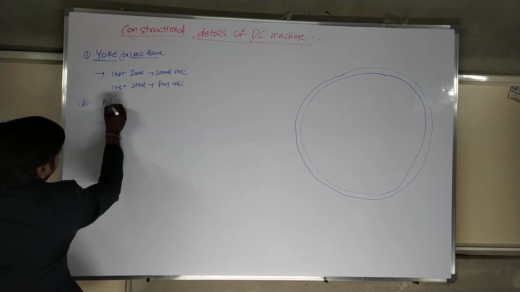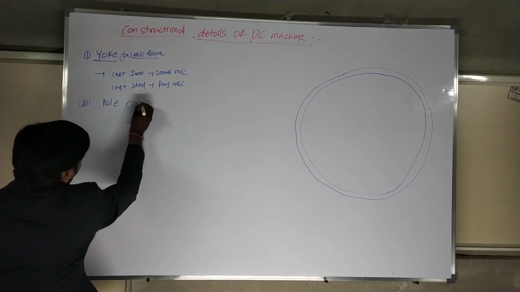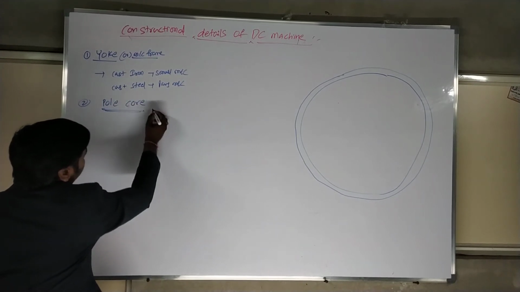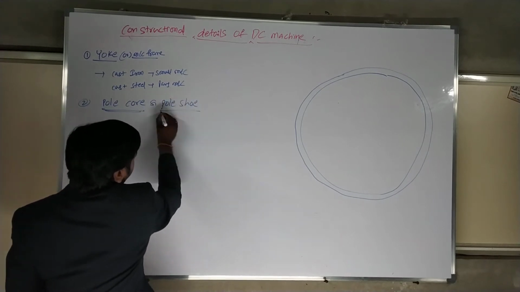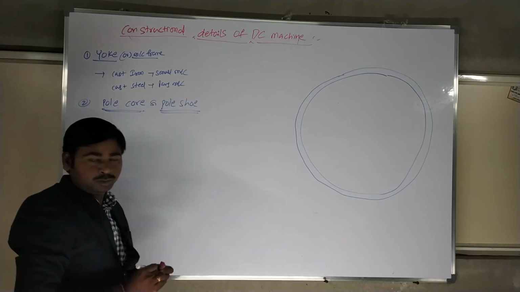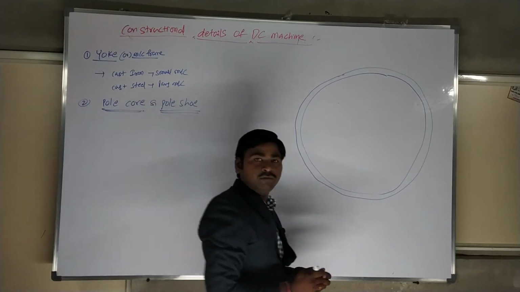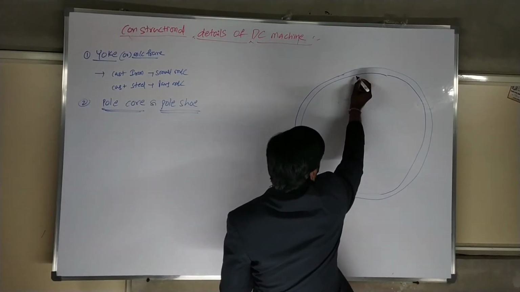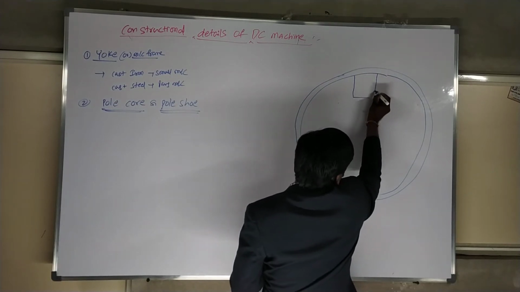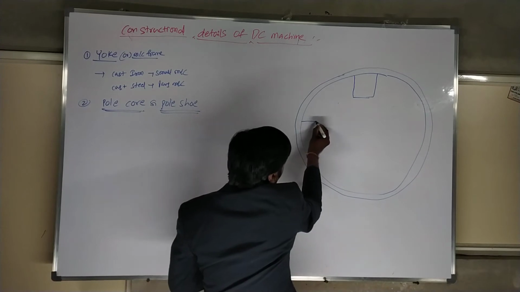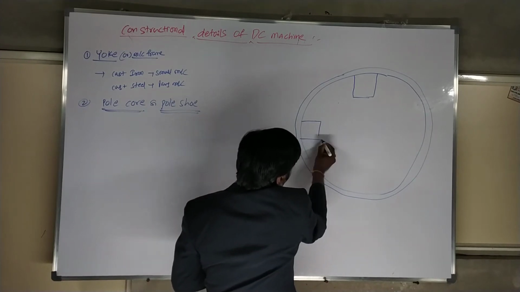The next thing is the pole core and pole shoe. The field winding is supported by the pole core. What are a pole core and a pole shoe? Let us take a 4-pole machine. This is a pole core, and this pole core supports the field winding.